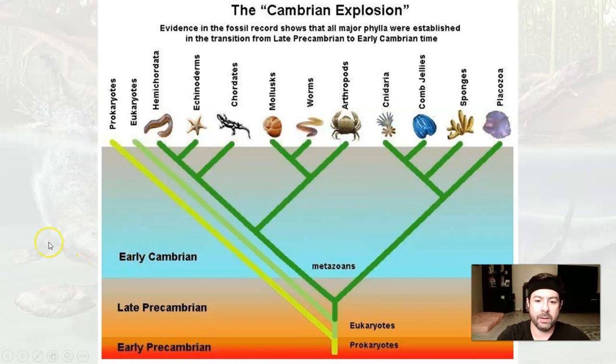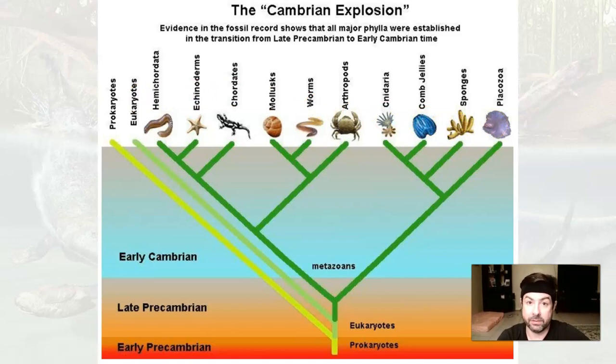So, coming out of the Precambrian time, so the Archean and into the Proterozoic, and then all of a sudden we get to the Cambrian, this diversification, all these different phyla, which are categories of life.